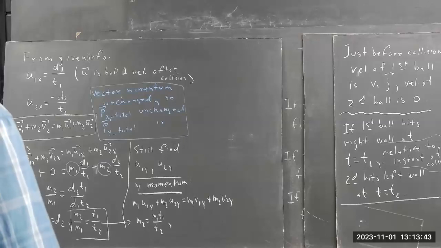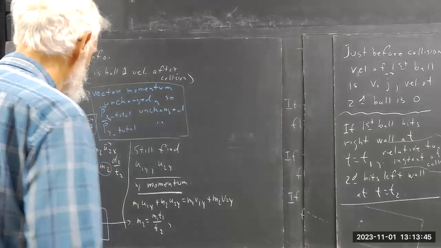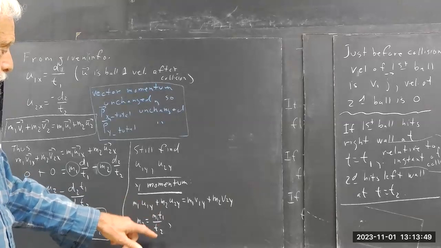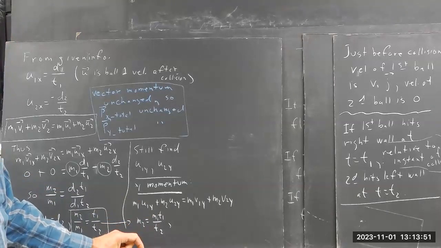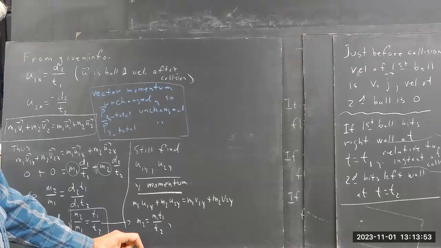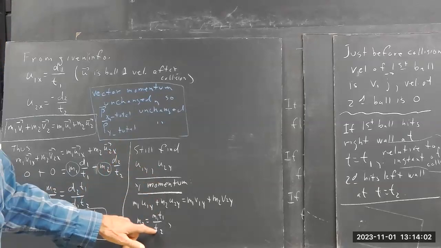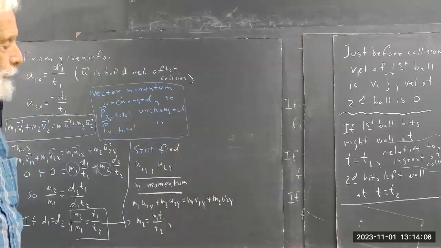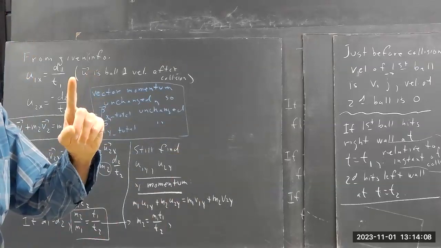Okay, so a suggestion I got was, well, can you just use M2 equals M1 T1 over T2? Or maybe it was M1 equals M2 times T2 over T1, but either way, you can express all these masses in terms of one variable.